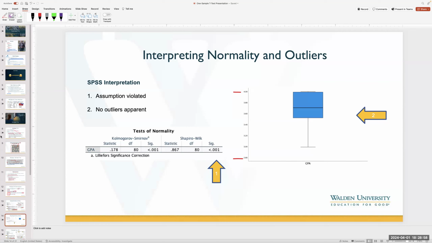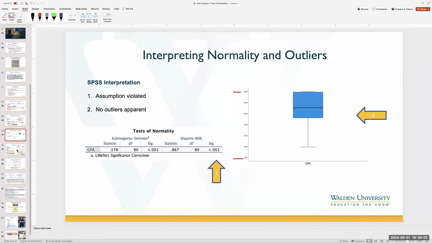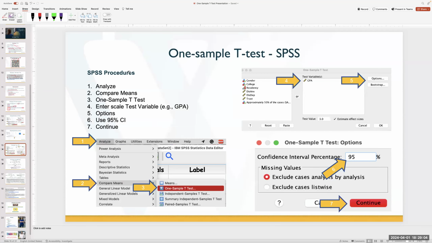So then we simply can move on and run the one sample t-test. Remember, again, you just follow the arrows. It will be Analyze, you're comparing means. You're comparing the national mean of 3.0 to the unknown Walden mean of the sample that we have selected, and it will simply say one sample t-test.